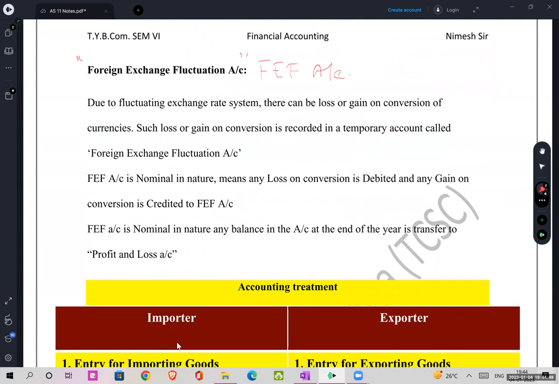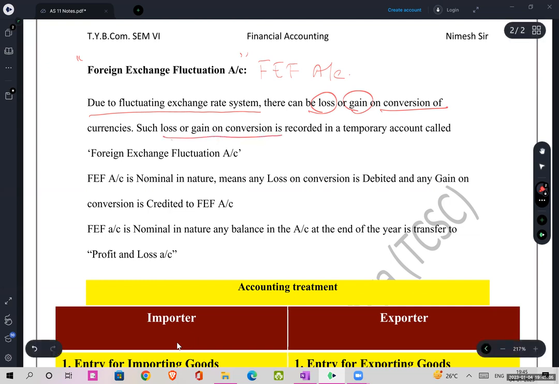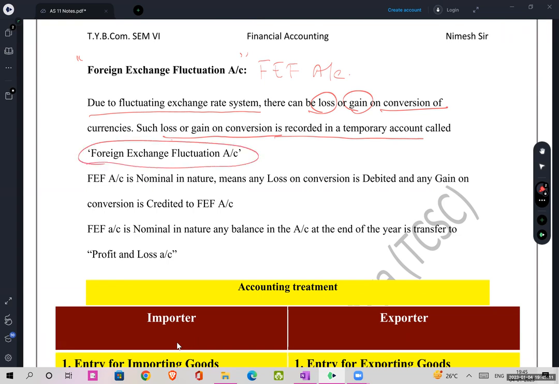Due to the fluctuating exchange rate system, which I just gave you a small example of earlier, there can be either a loss or a gain at the time of conversion of the money. Such loss and gain on conversion is recorded in a temporary account called the FEF account. So the reason behind opening the FEF account is to record the loss or gain at the time of conversion of the currency.